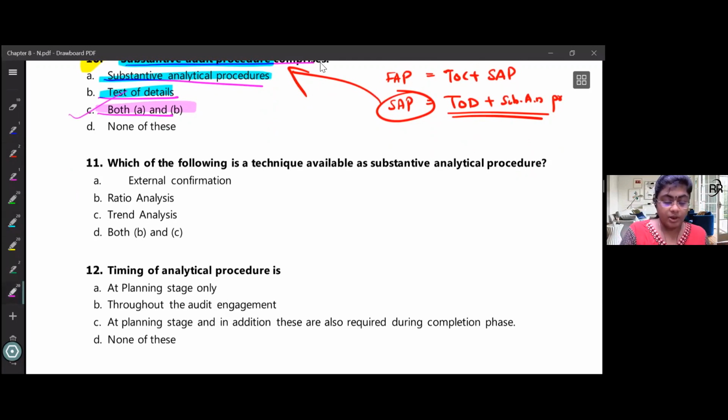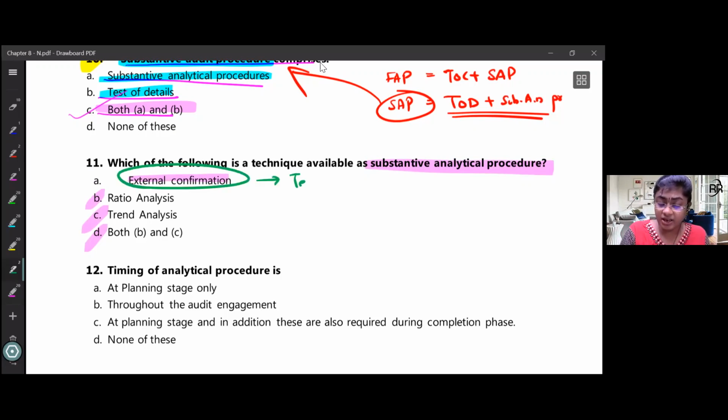Next one. Which of the following is a technique available as substantive analytical procedure? External confirmation, ratio, trend, both B and C. See, we have four analytical: ratio, trend, structural modeling, reasonableness test.